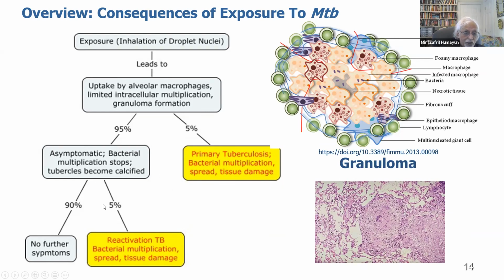Similarly, in reactivation TB, which occurs at some point in the lifetime of those 95% who did not show immediate disease, reactivation TB again is characterized by bacterial multiplication, spread, and tissue damage. But typically, reactivation TB tends to have more serious manifestations than primary tuberculosis.